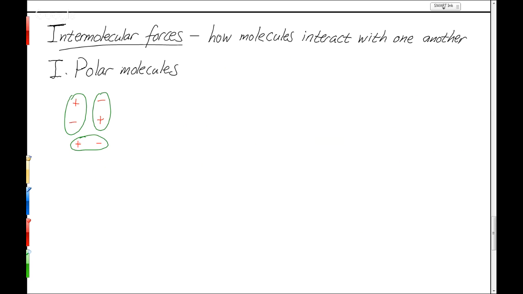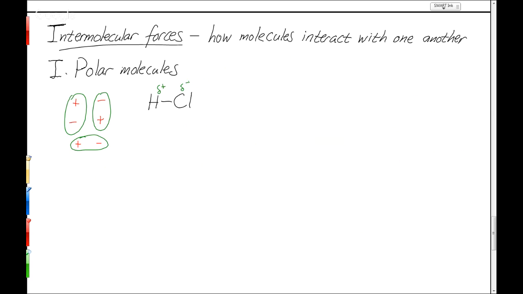So if you have something like, let's say, HCl. HCl is polar, has a partial positive on the hydrogen and a negative on the chlorine, so definitely a positive side and a negative side.